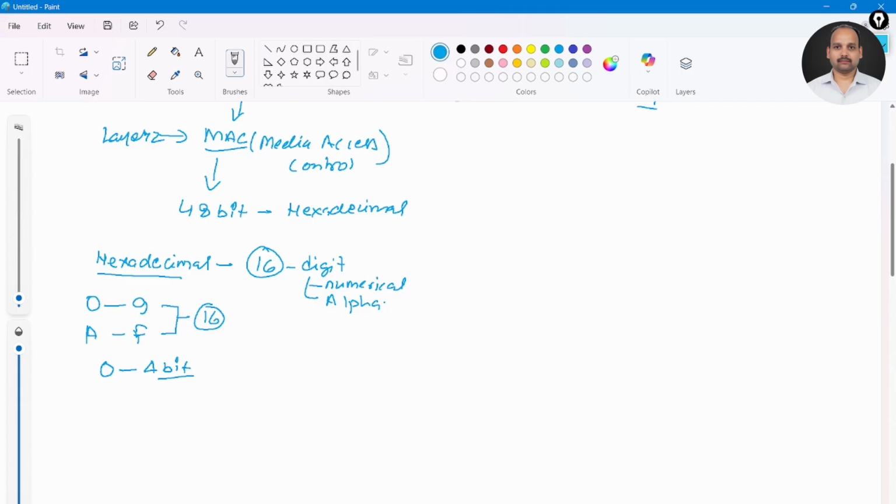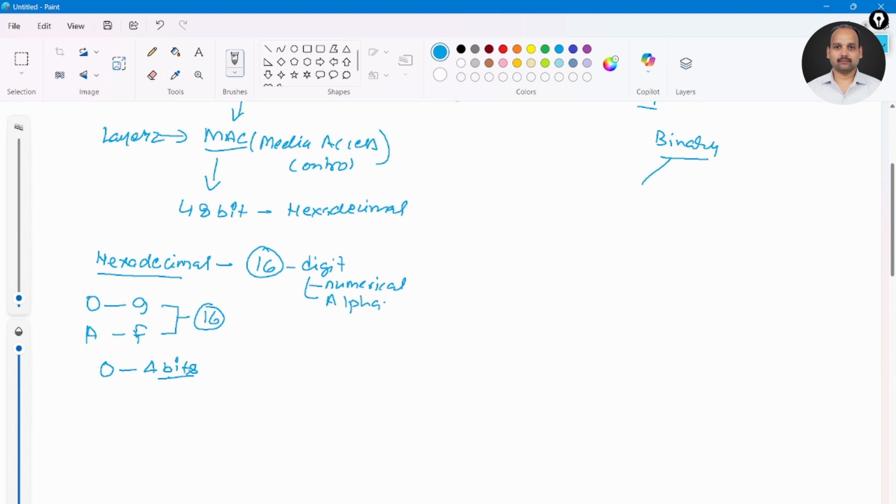Similarly, we are going to use these two formats, binary and hexadecimal, in the addressing part.